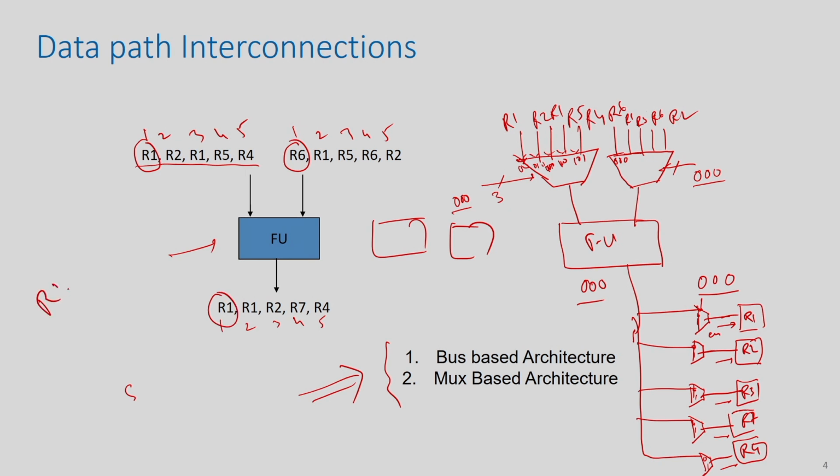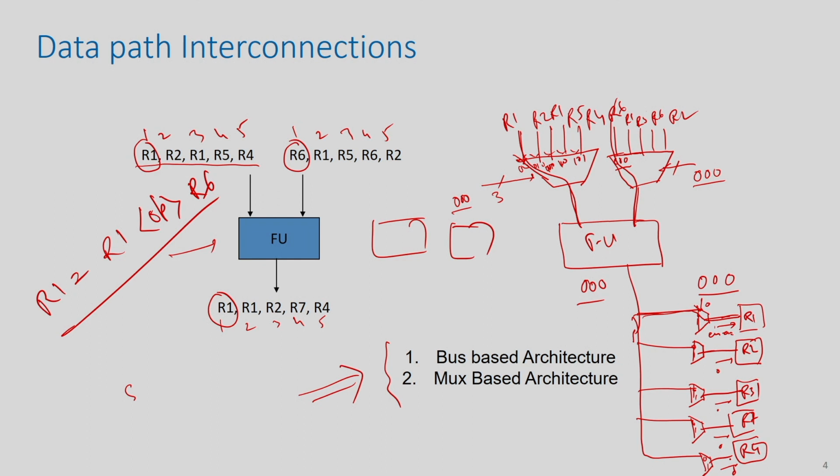So the operation is actually R1 equal to R1 operation R6. If you put 0 0 0 here, R1 will come to this place. If you put 0 0 0 control signal, this R6 will come here, and since you give a 0 here, this will go to this register. And you have to give the enable equal to 1, other enables 0.